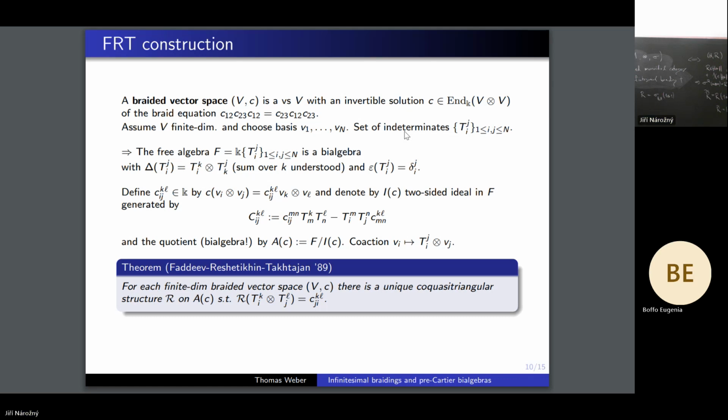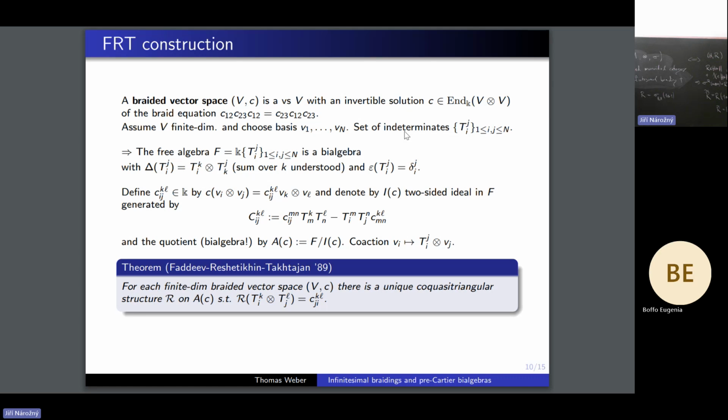FRT starts with a braided vector space, and from this braided vector space, it gives you a co-quasi-triangular bialgebra. So what we did was give a definition of an infinitesimally braided vector space, from which we will give you a pre-Cartier bialgebra. So this is first a classical picture, and then I will give the extra data.